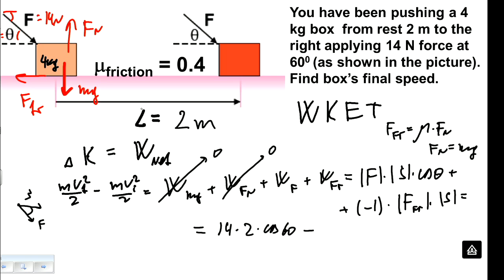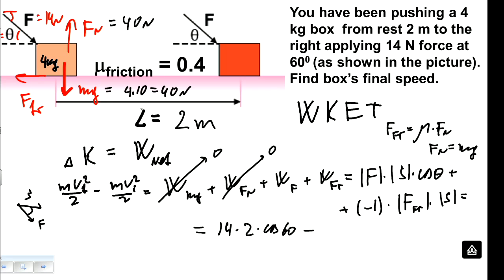A work is a number, represents how much energy is being spent on something. So force of gravity is not equal to 0. It is equal to 4 times 10, 40 newtons. So that's also going to be 40 newtons. But work done by gravity is 0. So force is not 0, but the work is 0 in this situation.